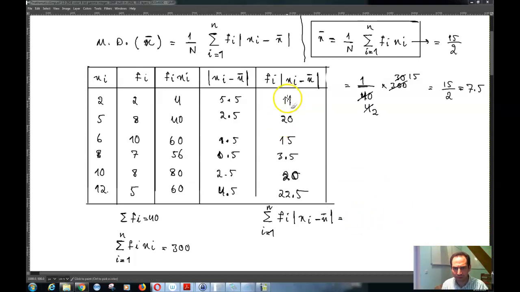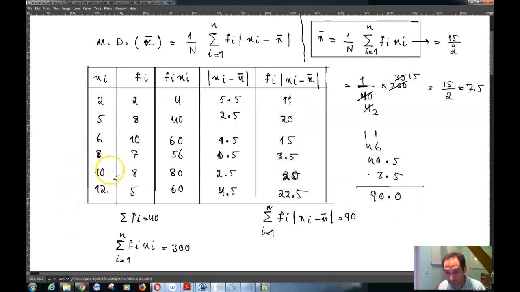So you have 31 plus 31, 46, and you have 20, 40.5, and 3.5. This is 90. Then 22.5, 23.5, 15, 20, and 11, as it's supposed to be.